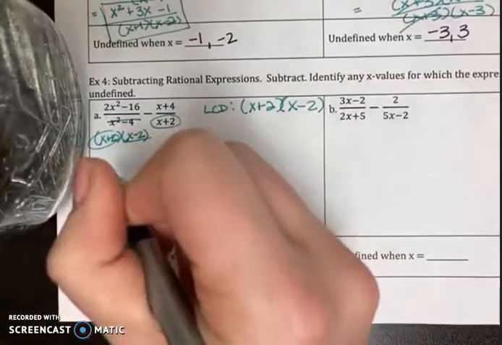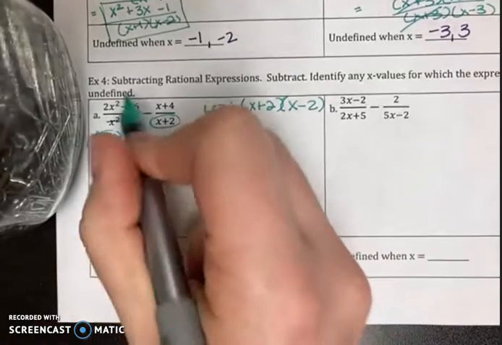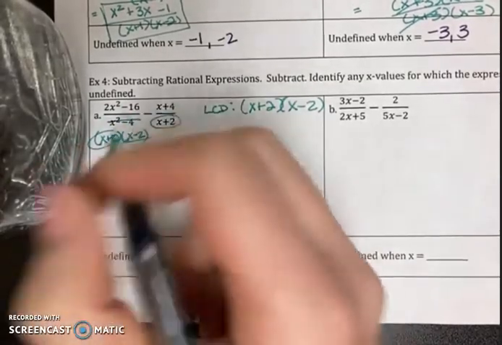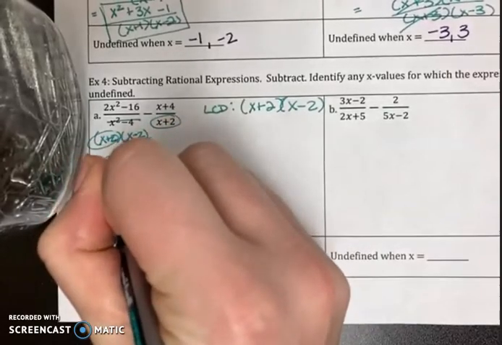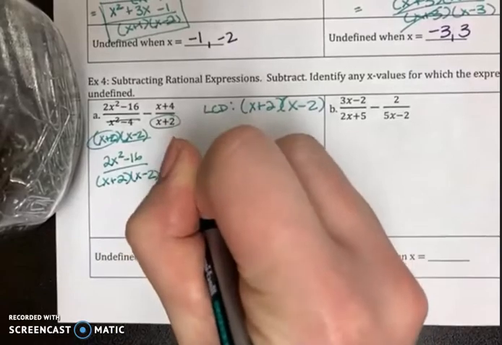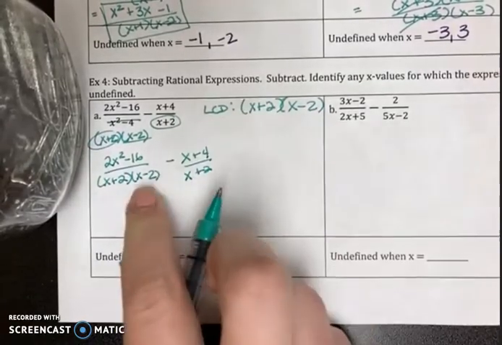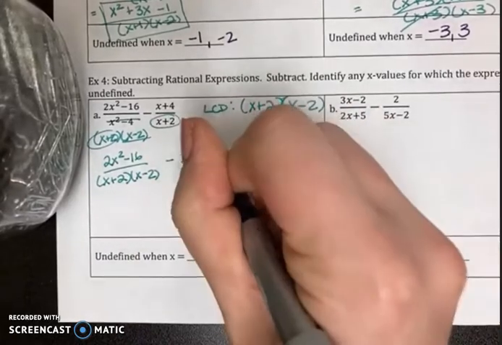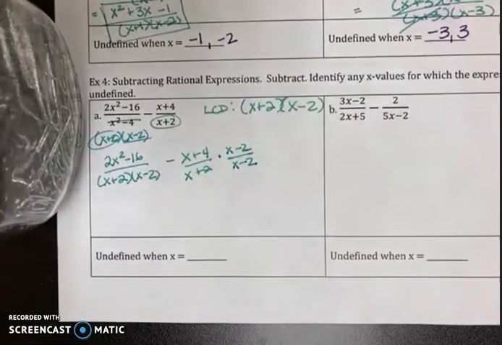I'm going to go ahead and rewrite this, see if I have to multiply anything. The first term already has both, so I'm just going to leave it alone. The second term, however, is only over x plus 2, so it is missing an x minus 2, meaning I multiply by x minus 2 over x minus 2.